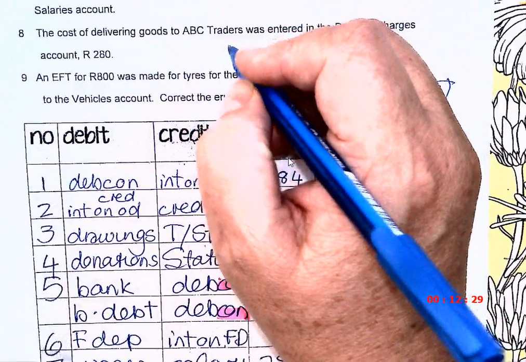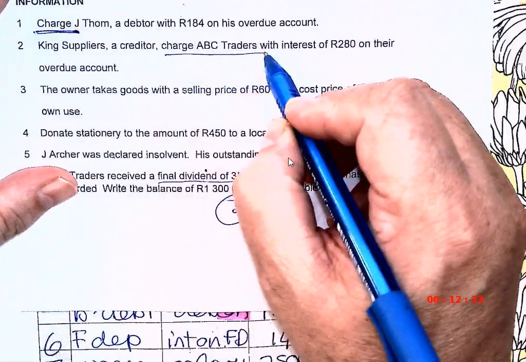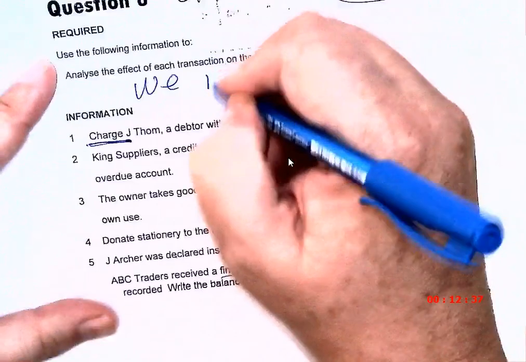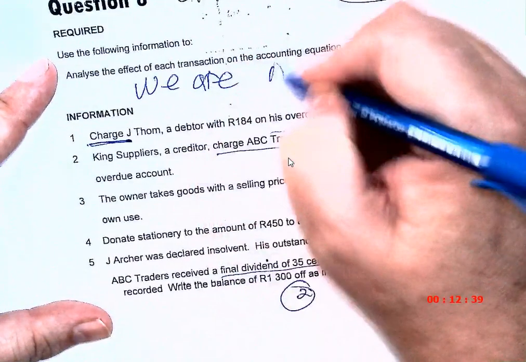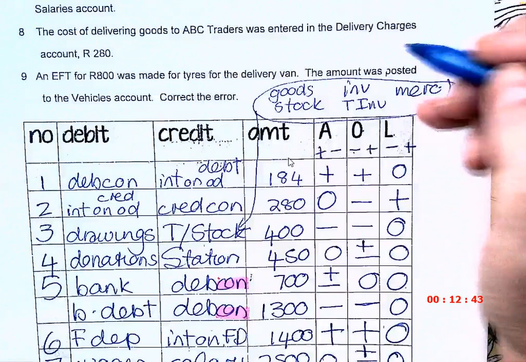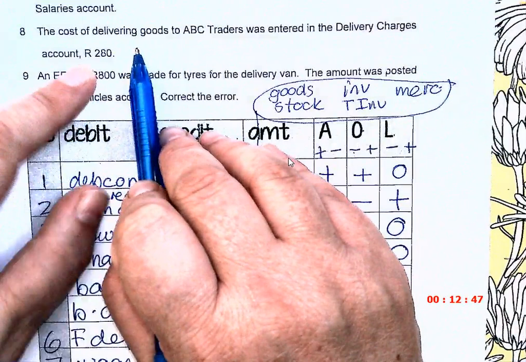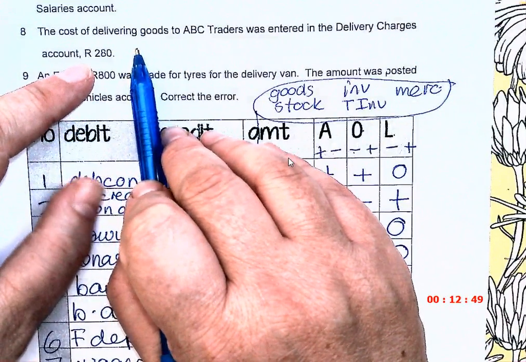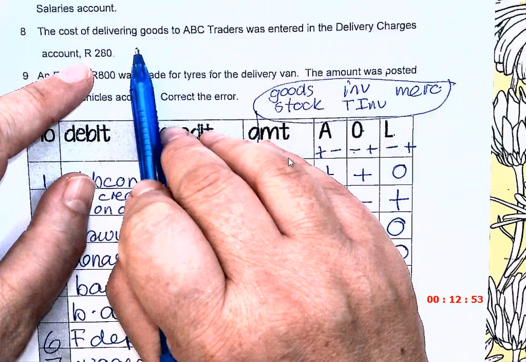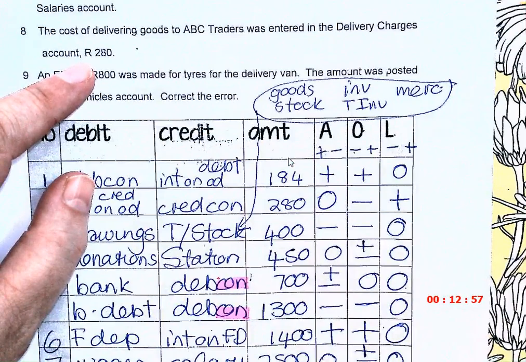Yeah, because all the other things they talk about, they charge ABC traders, meaning we are ABC traders. Okay. So now, the cost of delivering goods to ABC traders. Where do I show it if stuff is delivered to me? I show it in the T account of that which was delivered. So what is goods?